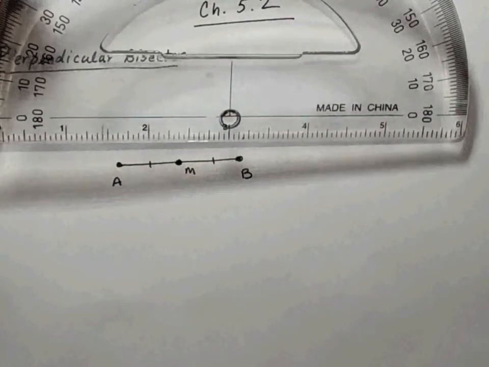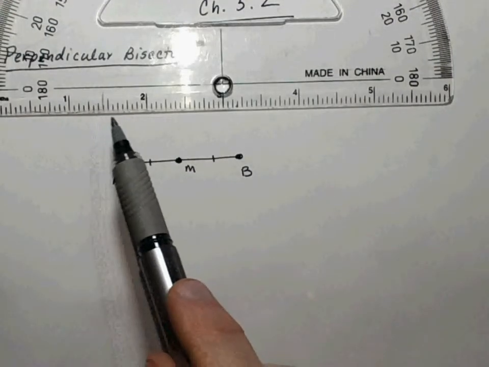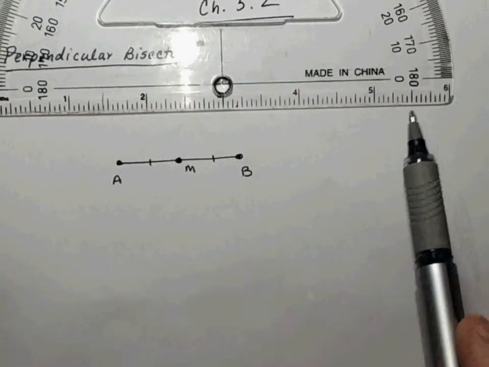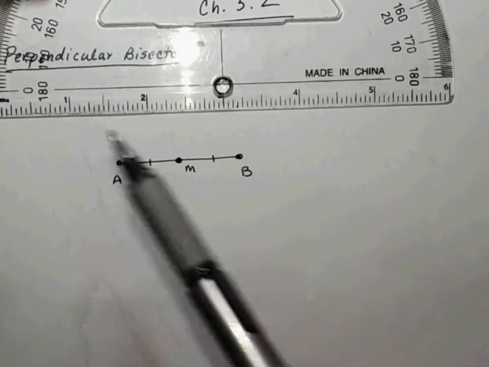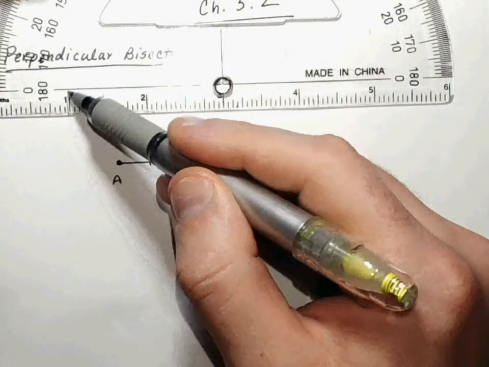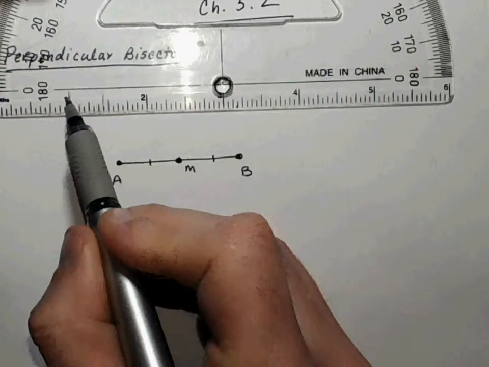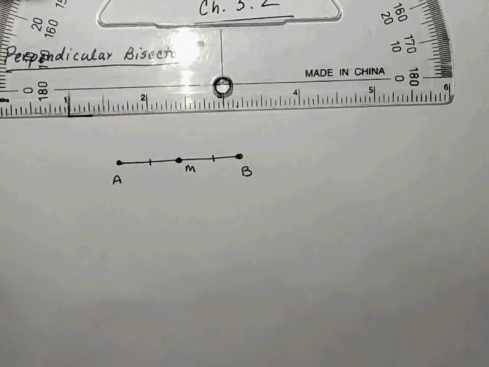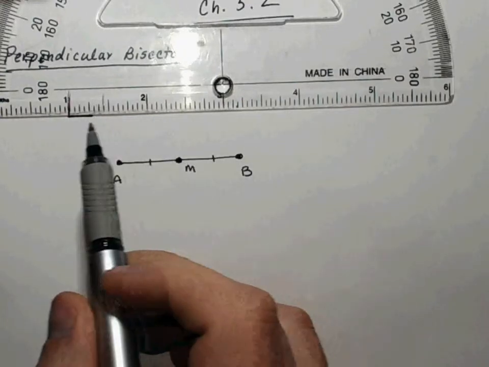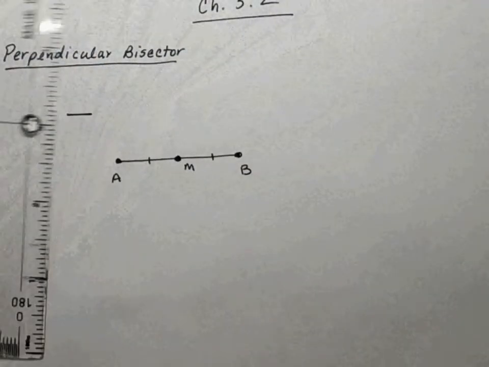If you look at all the marks on your ruler, for instance this mark right here with the number 1, that mark and the edge of my ruler form a right angle, which means they're perpendicular. Every mark on this ruler is perpendicular to the edge. So we're going to use that in order to draw a perpendicular line.